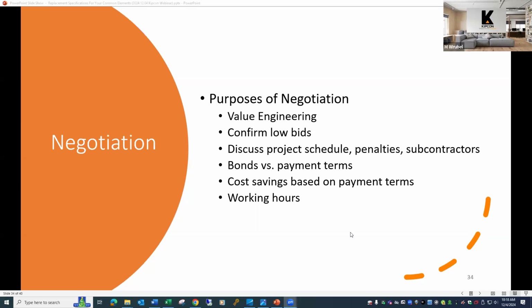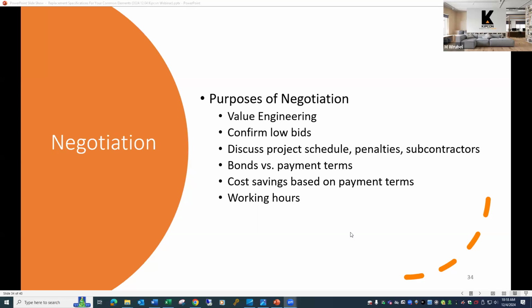Before they entered into the contract, they had presented this, and that was the contract that they went with, and it ended up being very successful. So during that negotiation period is the time for the contractor to present any suggestions for any type of changes to the specifications.